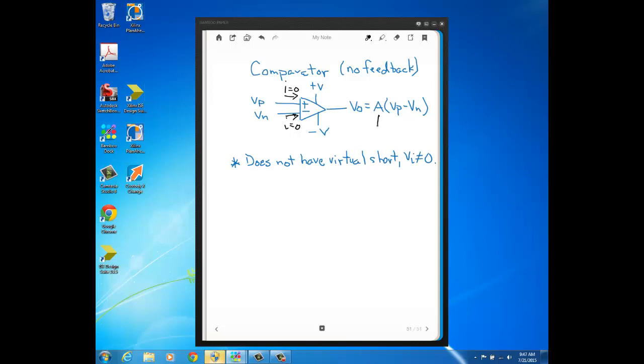Alright, now to see how a comparator works, we're just going to recall a couple of things. First of all, recall that the open loop gain, this constant A, the ideal value of open loop gain is infinity. And then also remember that V0 has to be within the rails.